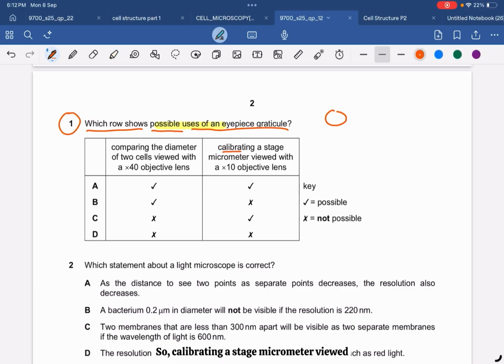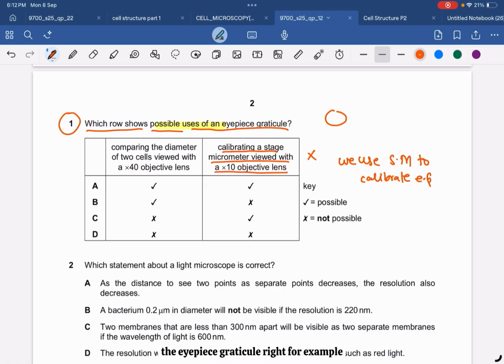So, calibrating a stage micrometer viewed with a 10x objective lens. This statement is incorrect. Why is this statement incorrect? Because we don't calibrate the stage micrometer, but instead we use the stage micrometer to calibrate the eyepiece graticule.